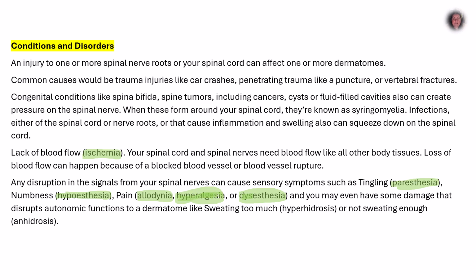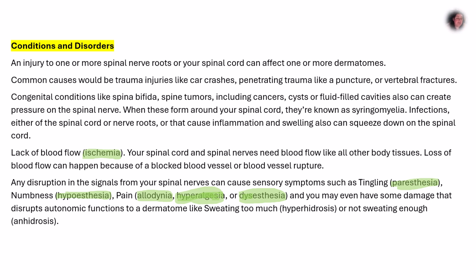Hyper, all right, is going to be excessive algesia, excessive pain. Allodynia, this is a supersensitivity to light touch that would not normally be identified as painful. So please be aware of this. You might have dysfunctional sensations, dysfunctional ability to feel pain or sensations of touch.